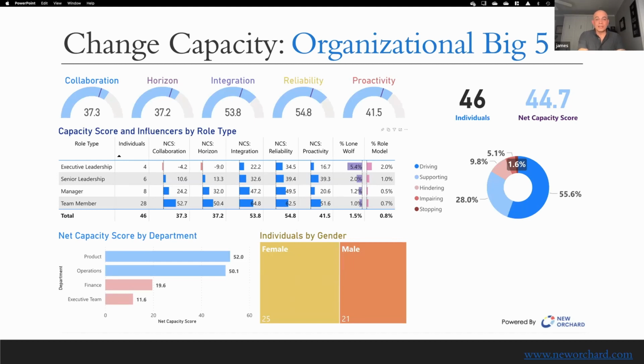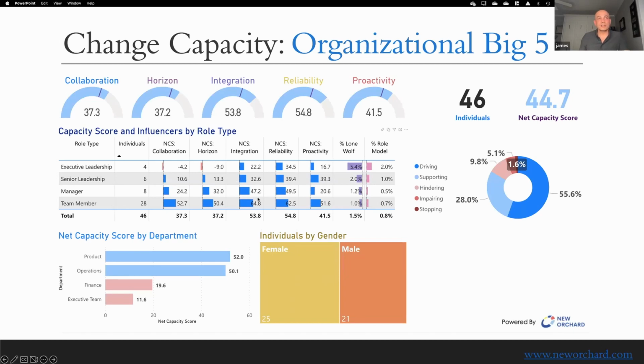So in a Net Promoter Score context, if it's positive, you're more likely to have referrals into your organization through word of mouth. Negative, you're going to have more deterrence out there, so you're likely to lose customers. In this context, when you see a positive Net Promoter Score, you're likely to be able to accelerate the flywheel based on the capacity of your organization to drive, implement, and adapt to change.